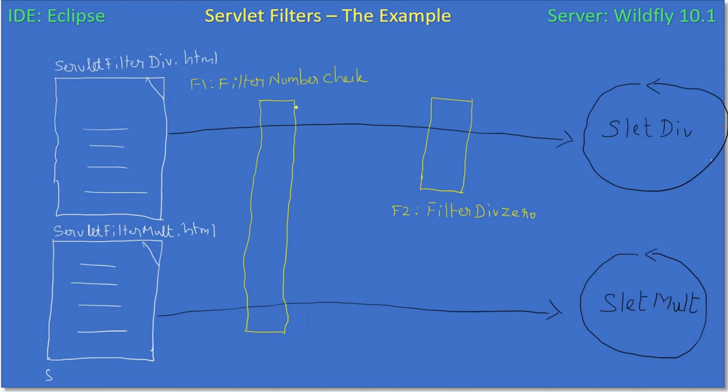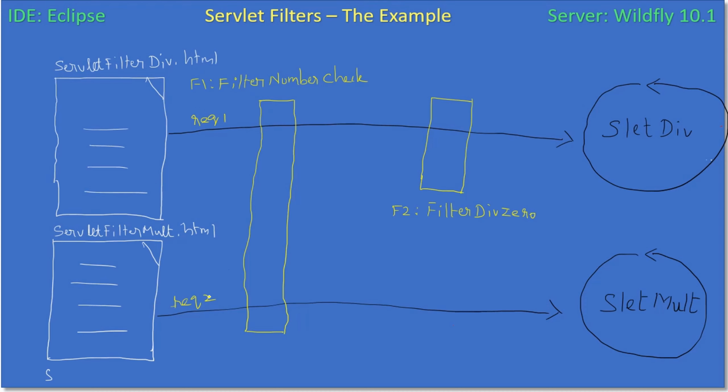The first filter is number check, and if you see there are two requests. Request 1 goes from servlet filter div.html and request 2 goes from servlet filter mult.html.